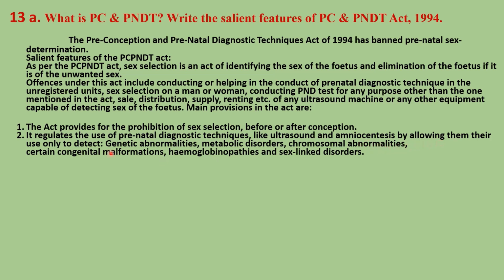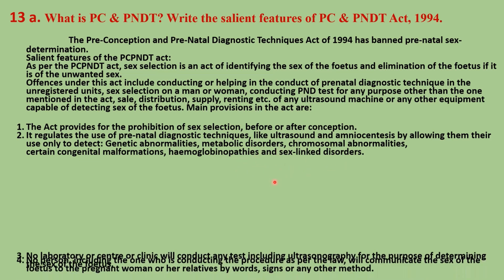By allowing their use only to detect genetic abnormalities, these are the exceptions: to detect metabolic disorders, chromosomal abnormalities, certain congenital malformations, hemoglobinopathies, that is some blood related disease, and sex linked disorders. These are the exceptions for conducting the test.